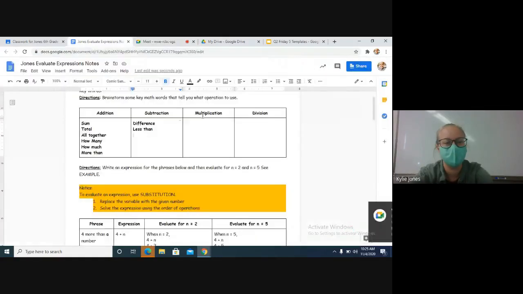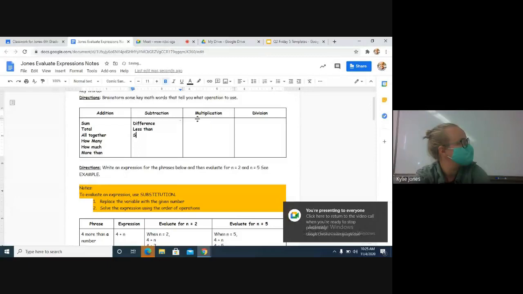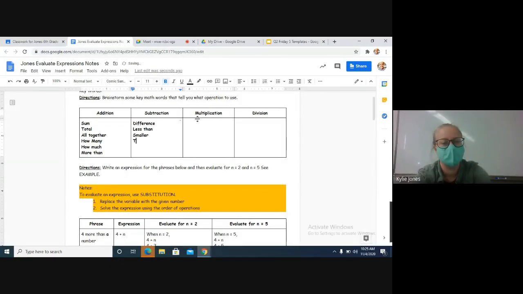Smaller might be one. What about take away? Take away this from this. How many are left, maybe? Okay. I think that's a pretty good list again.